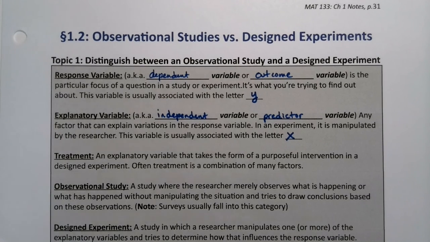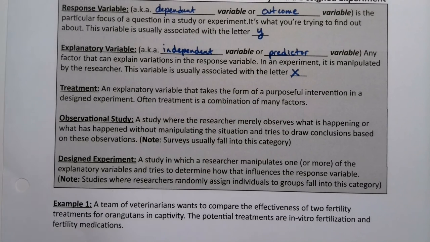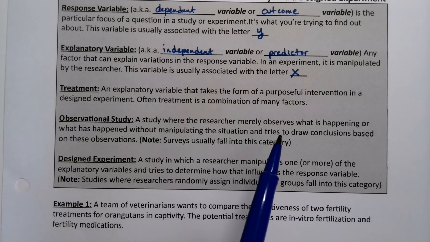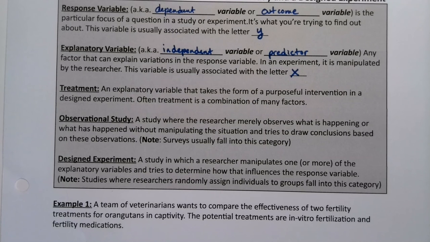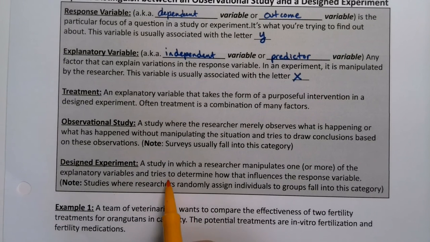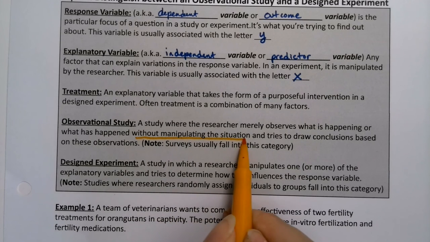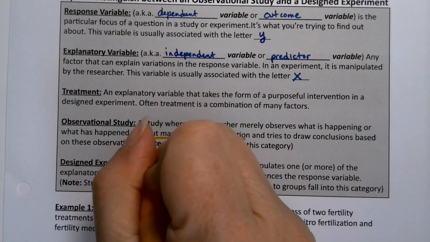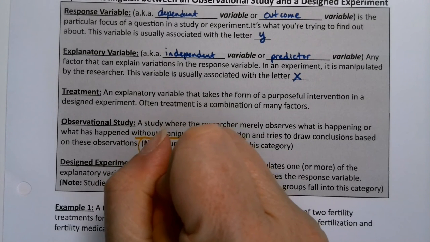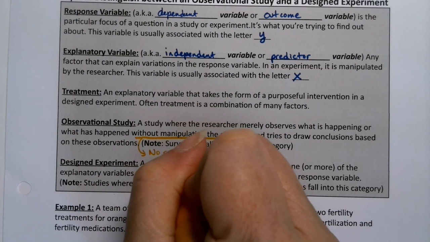So, an observational study is a study where the researcher merely observes what is happening without manipulating the situation. That's very important, right? So they do not manipulate, they do not randomly assign. It just is what it is, right? And they try to draw conclusions based on those observations. Manipulation also can be seen as no random assignment.